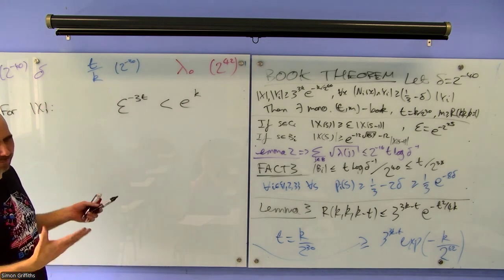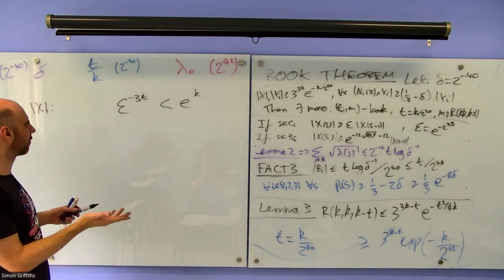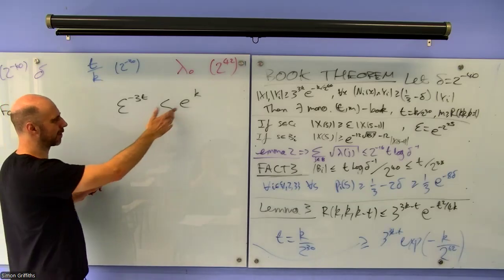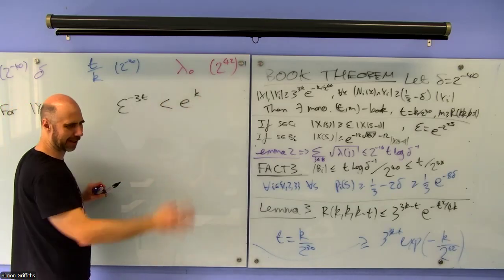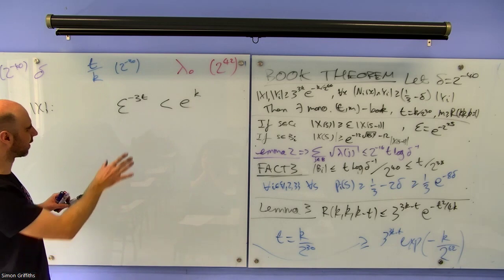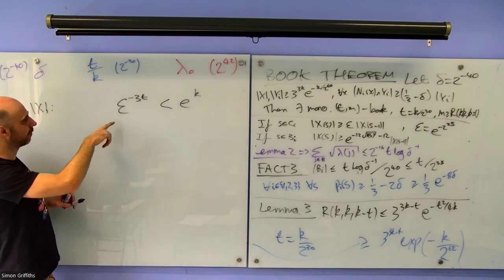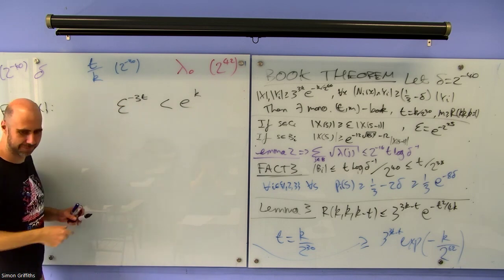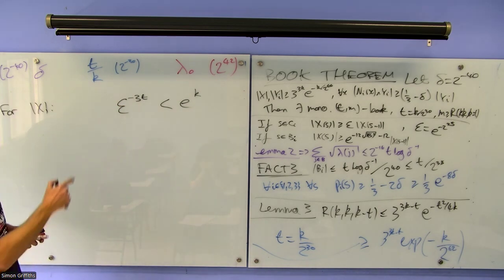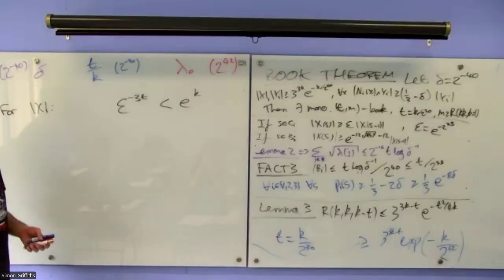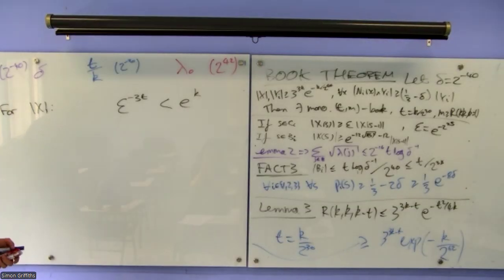You actually have a bit more room here, because this could be as much as nearly 3 to the 3. But basically, I'll just put this condition. This is what we have. So this is a condition on epsilon. But epsilon isn't one of our key parameters here. But actually, it's related to lambda 0.